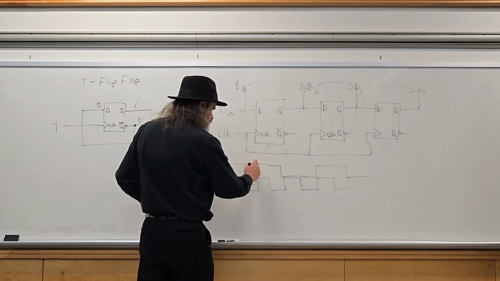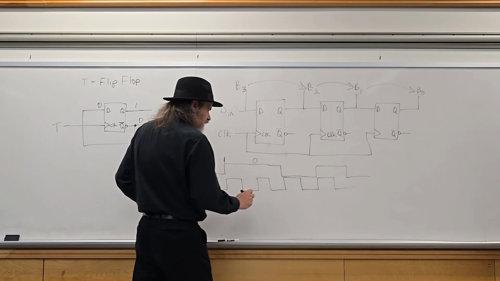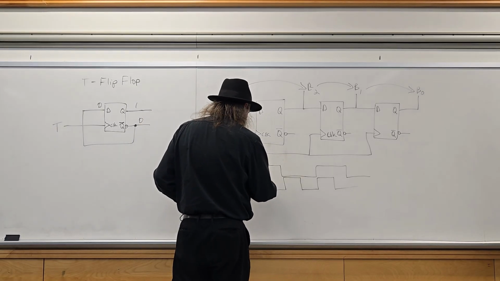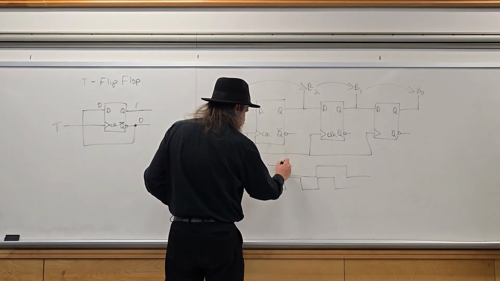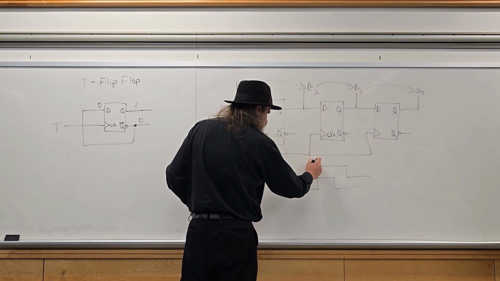Rising edge here, you'd have a 0. Rising edge, you'd have another 1. At this rising edge, there would be a 0. This rising edge would be a 1.